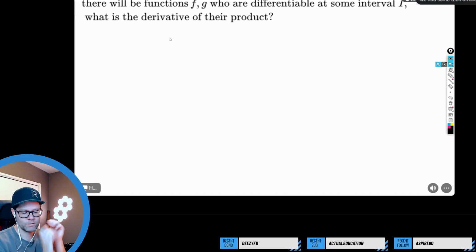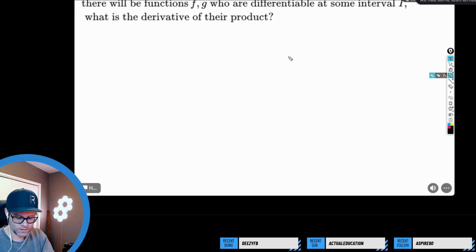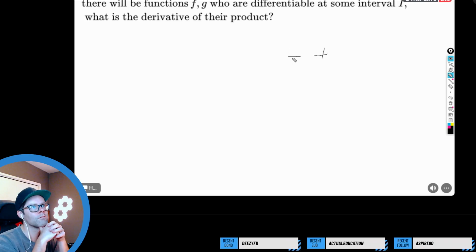So is it also true with derivatives? Now we know that subtraction and addition are the same thing if we just take the negative function, like negative f of x instead of plus f of x.